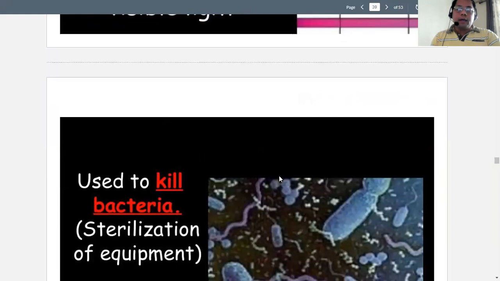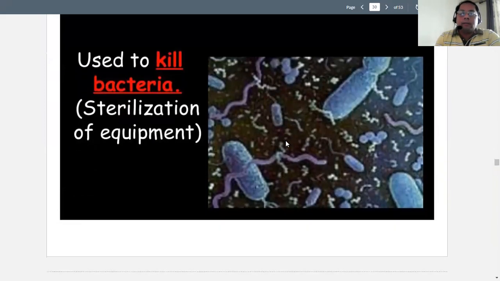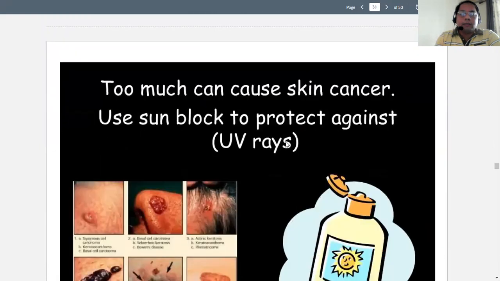So it has high energy, it can kill bacteria, it can sterilize some surfaces. So it's very sanitary, kanami lang kay you don't have to spill a liquid on a surface. You simply scan it with some amounts of this light.